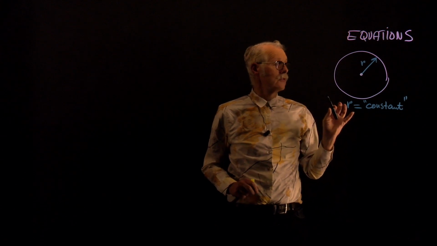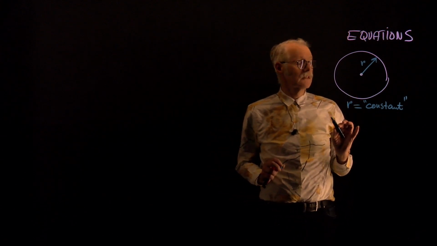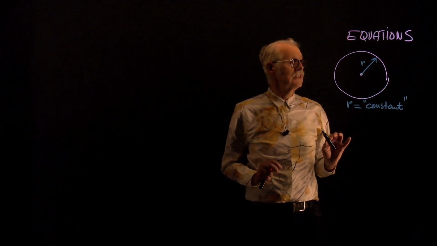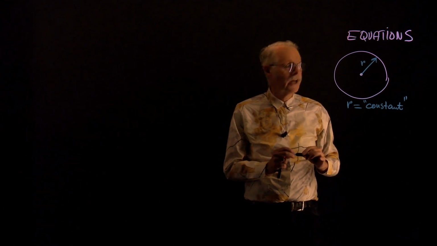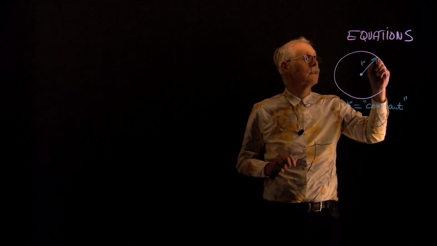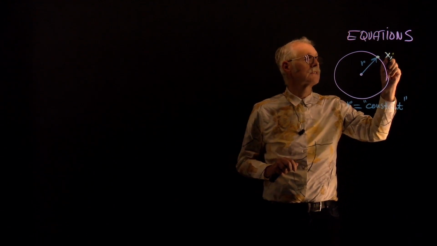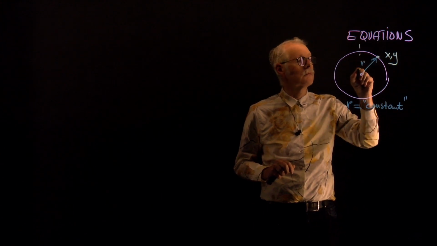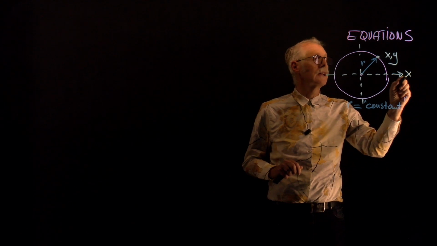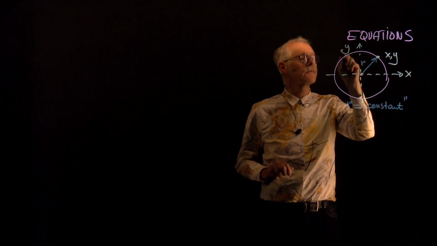In polar coordinates, this is extremely obvious. If we go to Cartesian coordinates, where we like to know points x and y in numbers, so we assume a coordinate grid, this being the x, that being the y.